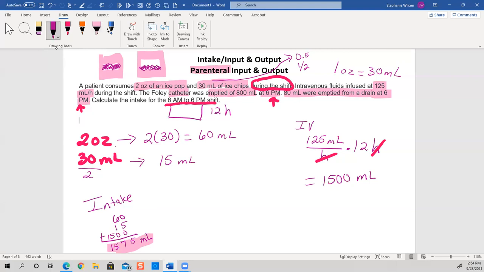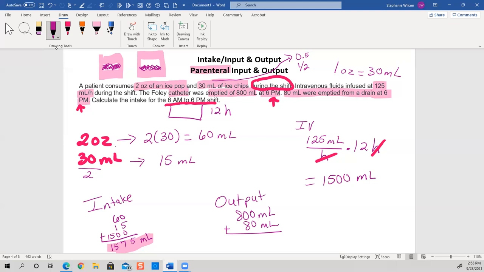Now let's look at the output. The output here states that we have 800 milliliters from the catheter that was emptied, and then we have 80 milliliters of drainage. We're going to add these two up, and again, these would be two separate columns on the output chart, because you want to be able to tell whether what's coming out is all urine, or if they're sick and vomiting, or if they have a wound drainage.